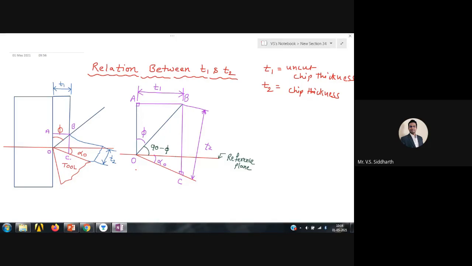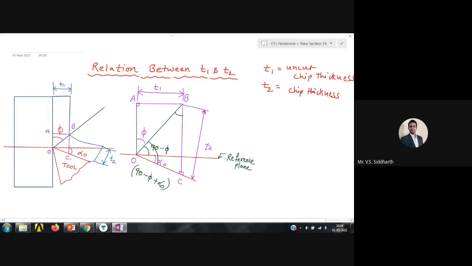So this is 90 minus phi. Now what is this angle? This is 90 degrees. This whole angle is 90 minus phi plus alpha naught.